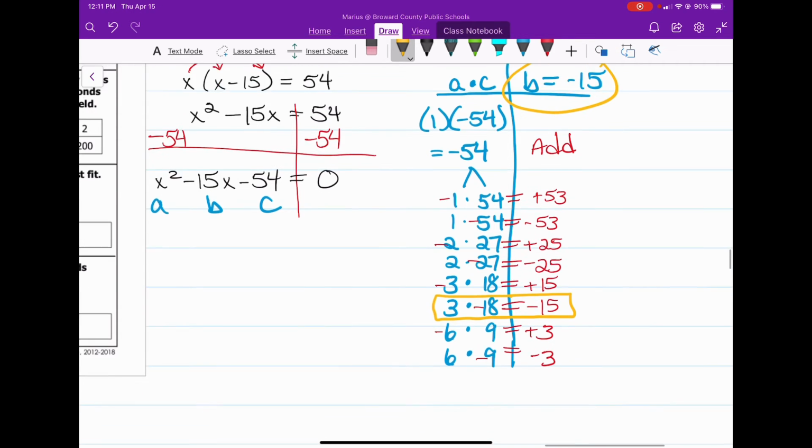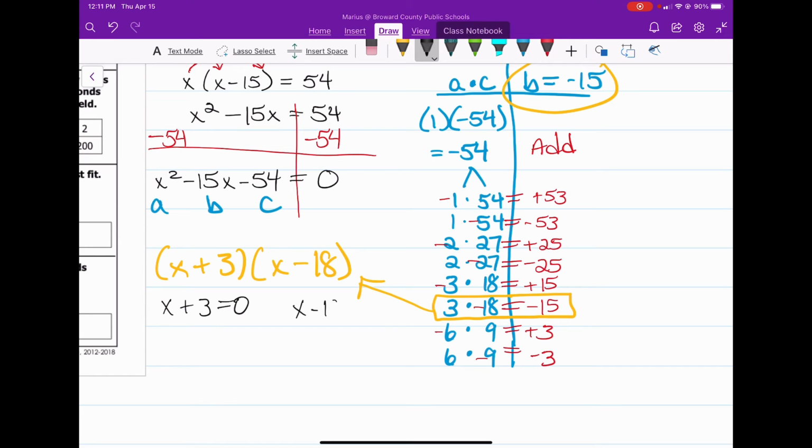So now we know that the factors are going to be x plus 3 times x minus 18. Now, in order to figure out the solutions, we still have one more thing we need to do. We need to set each factor equal to 0, and then we can go ahead and discuss what our answer would be.